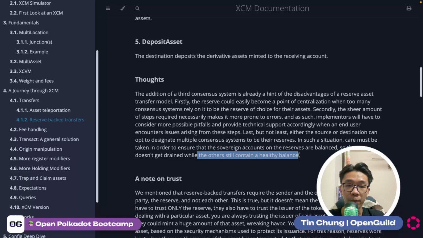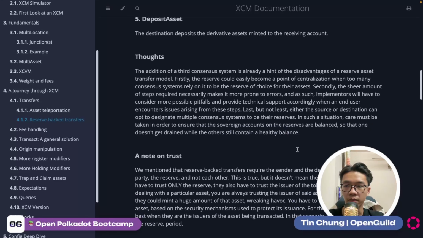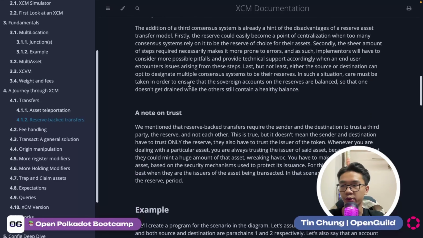That way you have to open the reserve account, or what we call the sovereign account, on that specific reserve chain. Then you have multiple accounts on multiple reserve chains, and there's going to be an overhead in the responsibility of the one who is going to manage all these accounts for reserve-backed transfers.